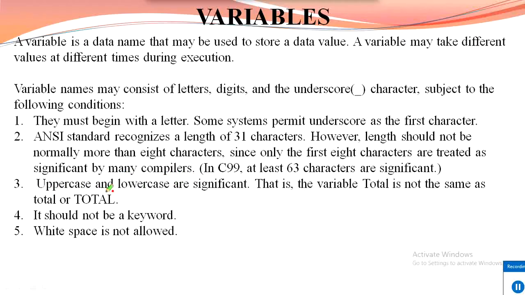Uppercase and lowercase are significant. That is, the variable Total is not the same as total. Total in capital and total in small have two different meanings, or can be used as two different variables. It should not be a keyword that we have seen earlier. White space is not allowed, meaning blank spaces cannot be used in a variable.